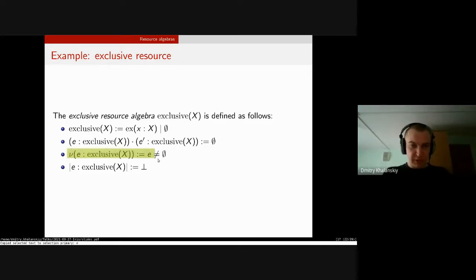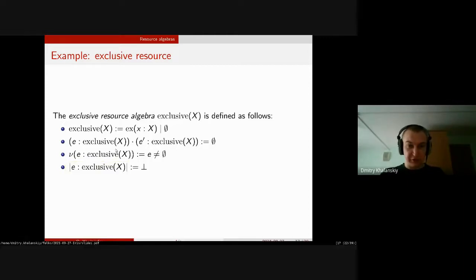The notion of validity supports it. An exclusive resource is only valid if it is not the dedicated invalid value. And it should come as no surprise that there is no core of any element of the exclusive resource algebra.